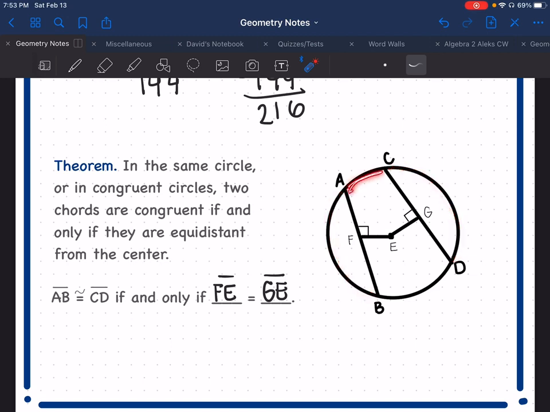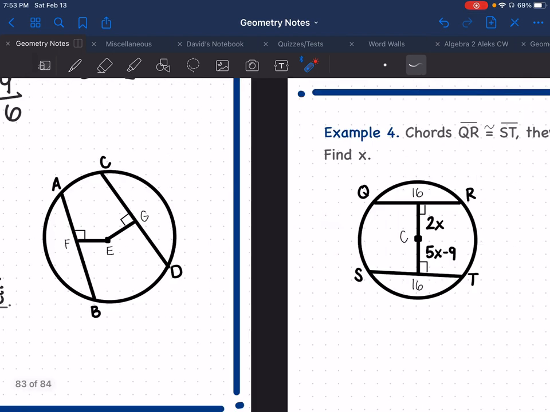Now, this arc and that arc are totally different because they're not being locked into place. But the arc from C to D and the arc from A to B are equal because the chords are equal. Okay, just to keep that in mind.